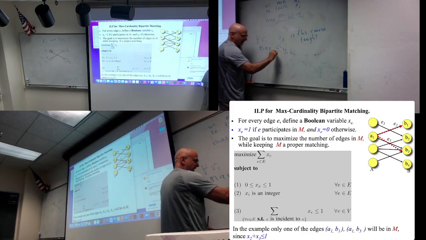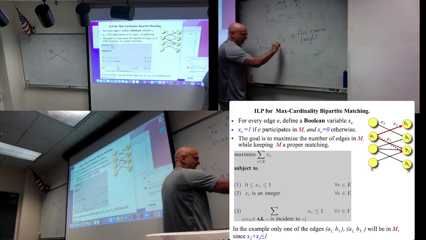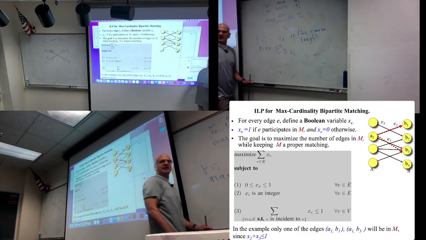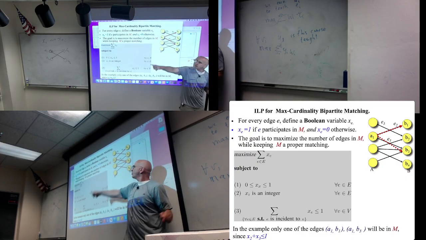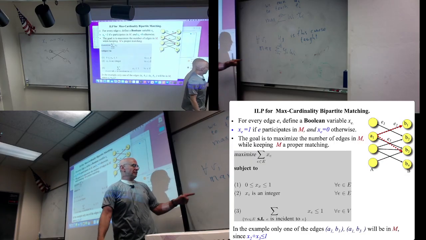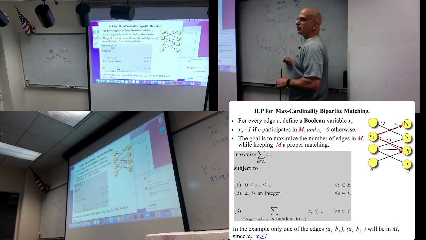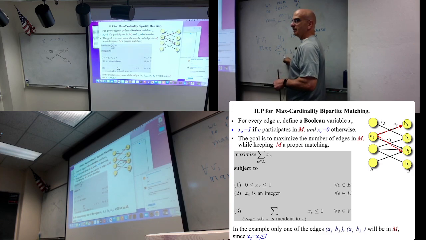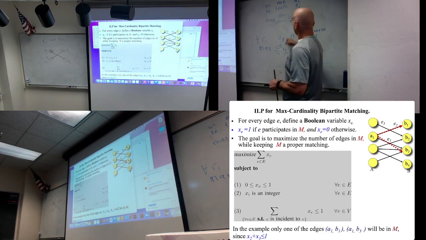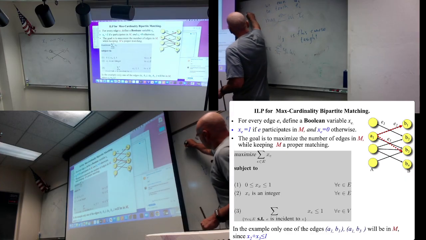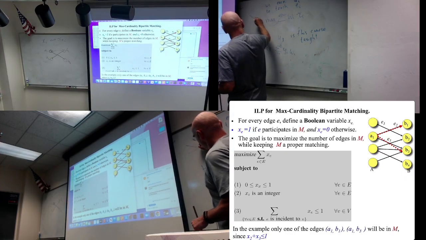Now notice that here the sum is from i equals 1 until n, the number of courses that I teach. And I need to make sure that yi is 1 only if one of the edges that connects to this course is 1.